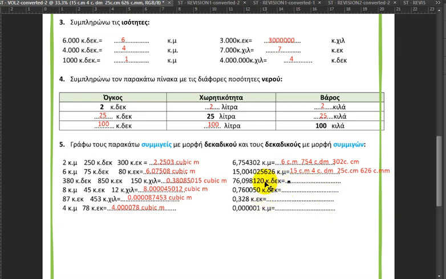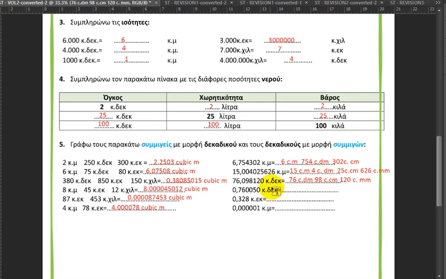Here, our unit of measurement is given to us in cubic decimeters. So the 76 up front is going to be cubic decimeters, not meters like before. Then the 0.98 means 98 cubic centimeters. And then 120 cubic millimeters.